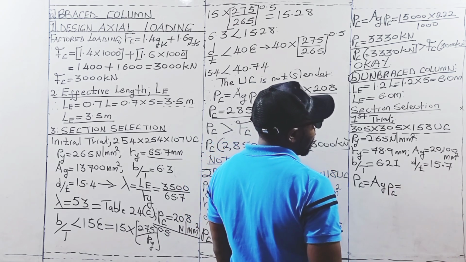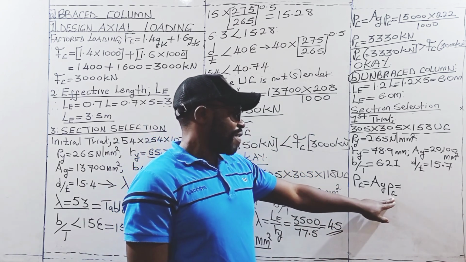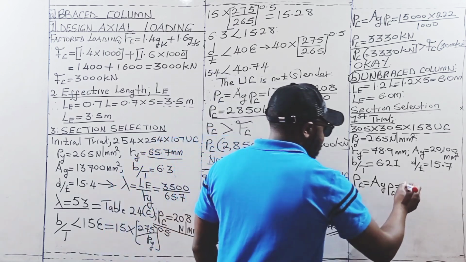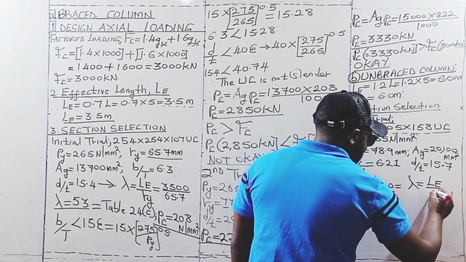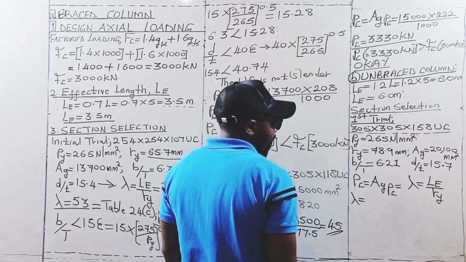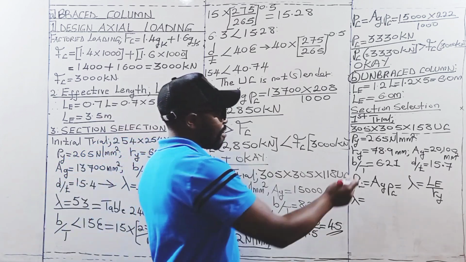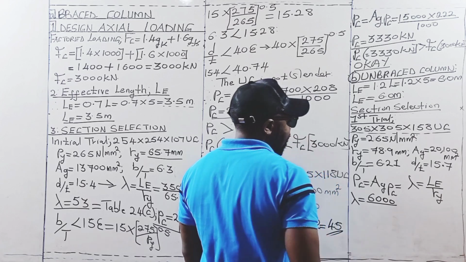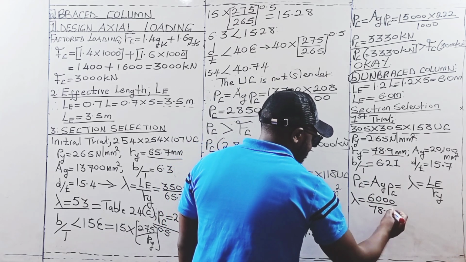And therefore, for us to get the compressive strength for this section, we are going to calculate the slenderness ratio. The slenderness ratio will be given by effective length divided by the radius of gyration. In this case, the effective length is 6 meters, which when we convert to millimeters, we multiply by 1,000, giving 6,000 millimeters divided by the radius of gyration, 78.9 millimeters.